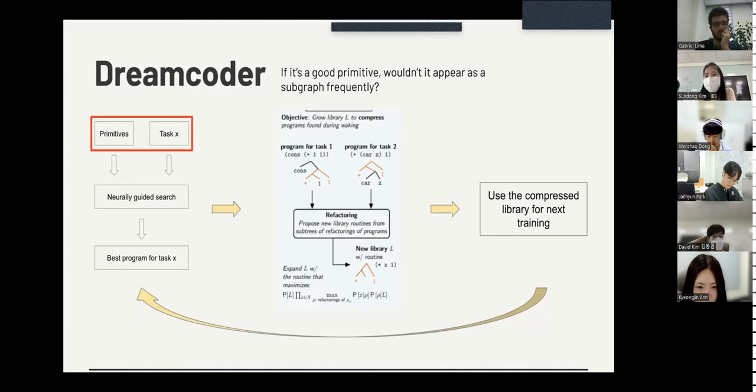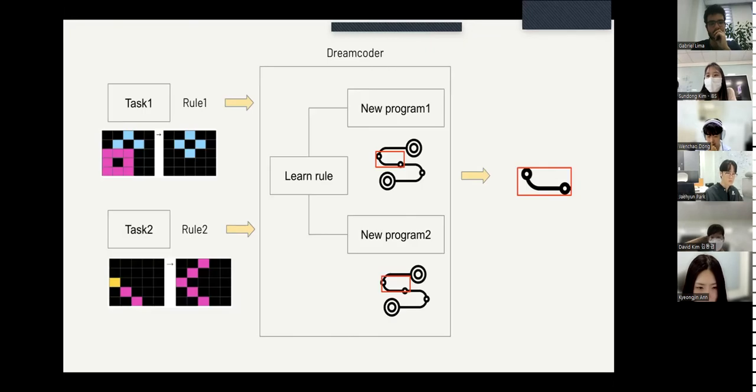Then Dreamcoder reuses this new set of primitives to synthesize a better program for the same task X. By iterating this process, Dreamcoder combines primitives to produce a new set of primitives, which means that Dreamcoder is able to abstract the tasks and find new ways to solve a problem. It's like giving a rock and wood to the system, and it is able to produce a hammer that can be used to build more complex structures.